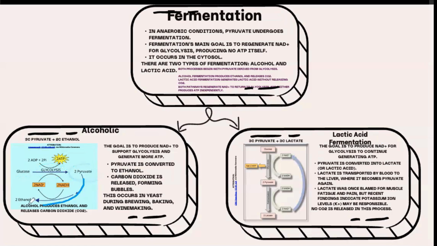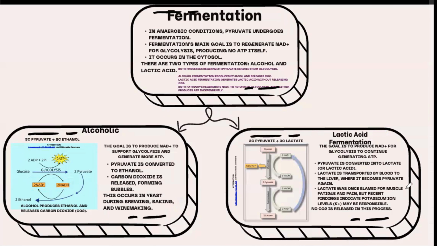But what ends up happening is instead we produce ethanol by converting NADH back to NAD plus in the cyclic moment and also releasing some ATP. This is great for things like brewing, baking, and winemaking. In contrast, we have lactic acid fermentation, and the goal of this is to produce NAD plus for glycolysis to generate some sort of ATP.